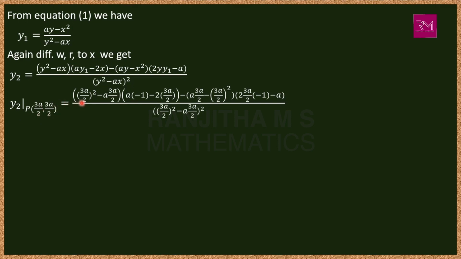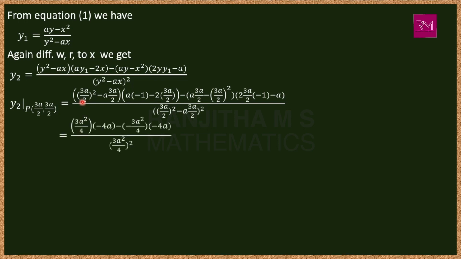Next we have to find y2 at the point (3a by 2, 3a by 2). Substituting x and y values as 3a by 2, we get (3a by 2) whole square minus a into 3a by 2, into a into y1 value, which is minus 1, as we already know, minus 2 into x value 3a by 2, minus (a into y value 3a by 2 minus (3a by 2) whole square) into 2 into 3a by 2 into y1 value minus 1, minus a, divided by (3a by 2) whole square minus a into 3a by 2, whole square.